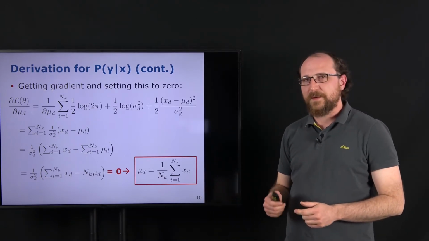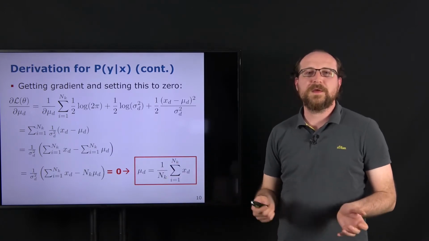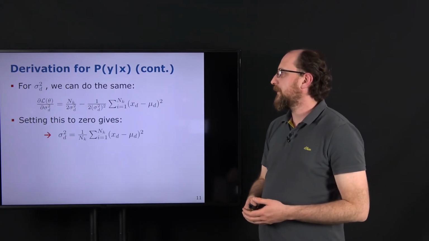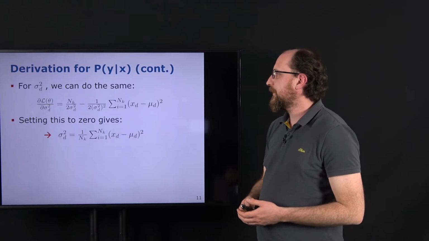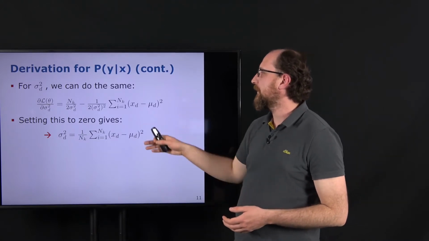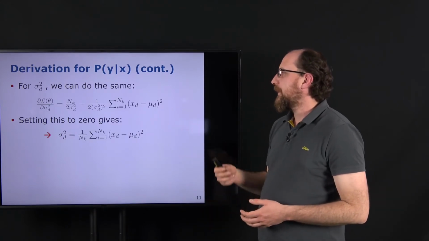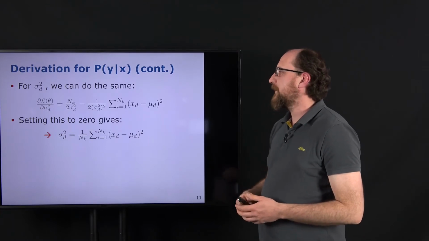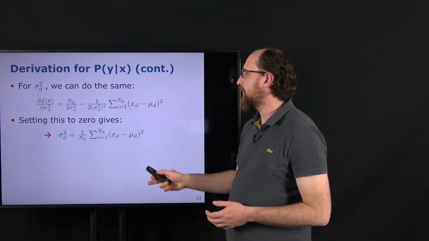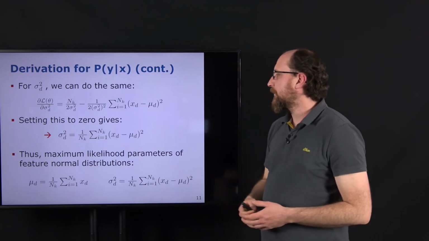So this is now our maximum likelihood estimate for mu, and we are doing the same thing for the variance. I shortened this a little bit, so I just took the equation and plugged in the logarithm of everything. This is then what comes out, and then we set this to 0, and we get basically that the variance is the variance over the feature values.